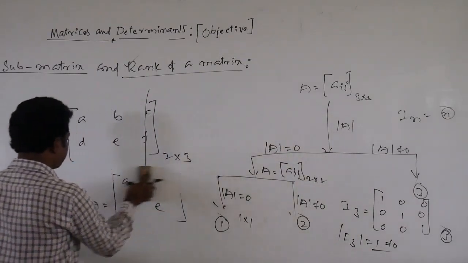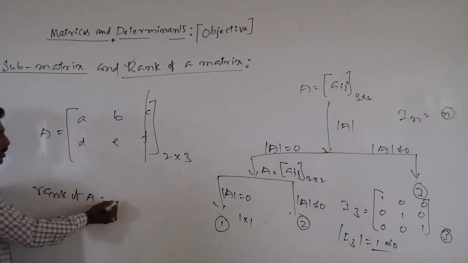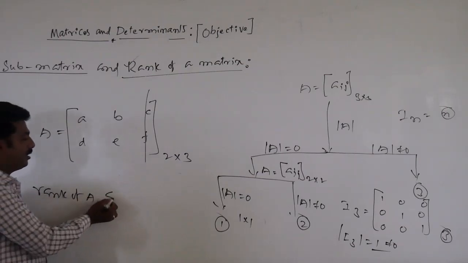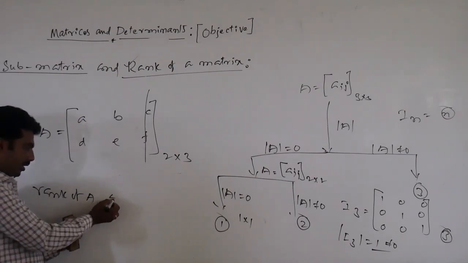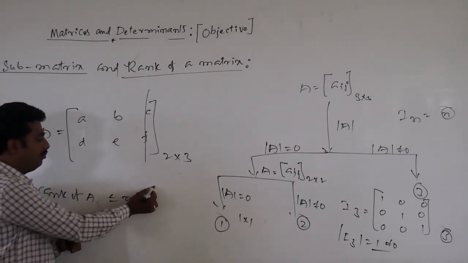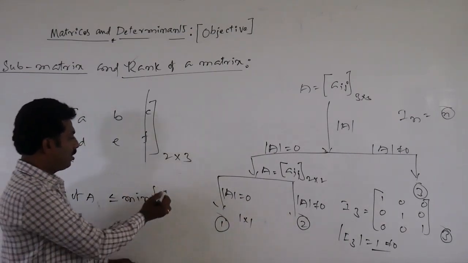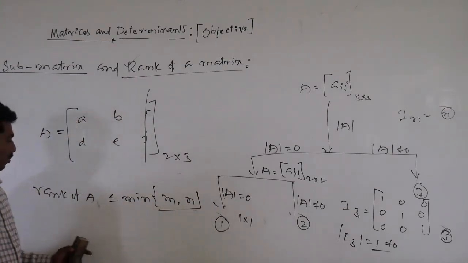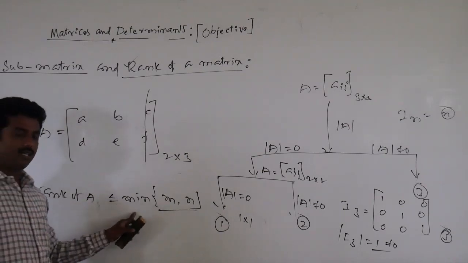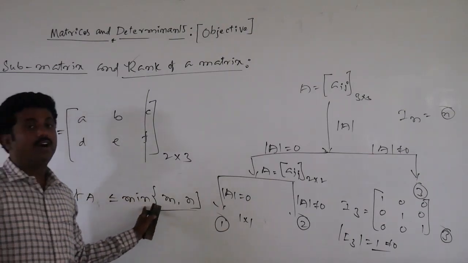You remember, the rank of any matrix is always less than or equal to the minimum of m comma n, where the order of A is m by n. So the rank cannot exceed the order of the matrix.